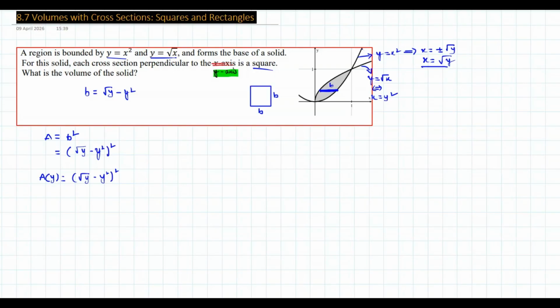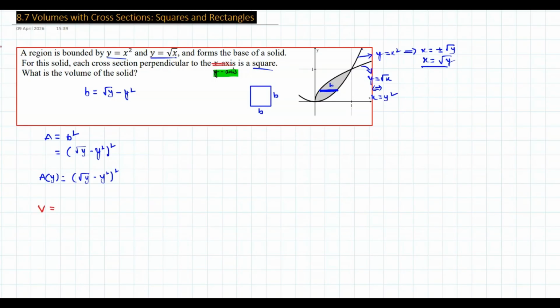Now to find the volume, we have to accumulate all these squares from y equals 0 to y equals 1. If we accumulate all these cross sectional areas, we will get the volume.